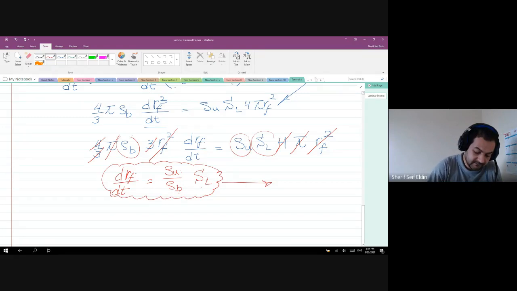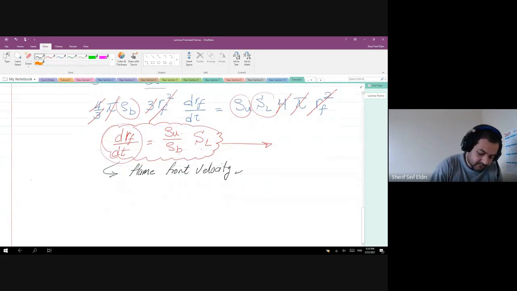So this is the flame velocity or the flame propagation, which is the change of the radius with respect to time. This is the flame front velocity. And that's question number 1.